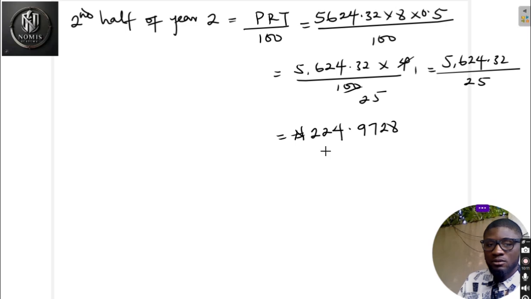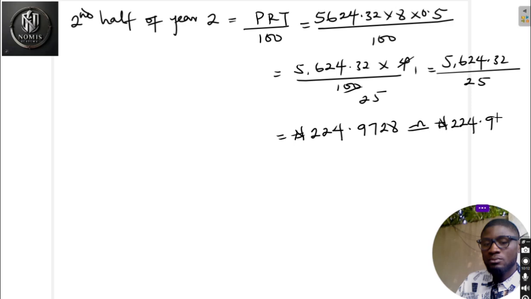So at the fourth calculation, that's the second half of year 2, the deposit earns 224.9728 naira. So we can take it to 2 decimal places, approximately 224.97.